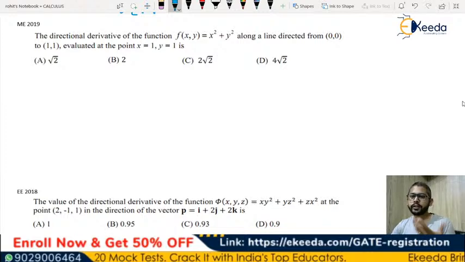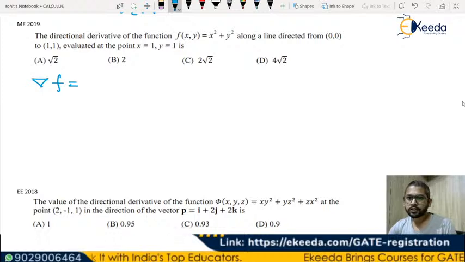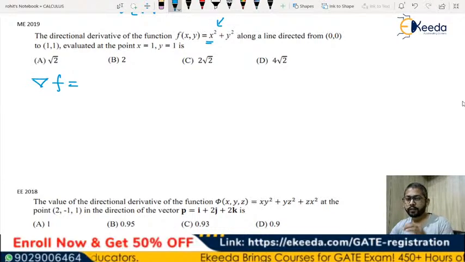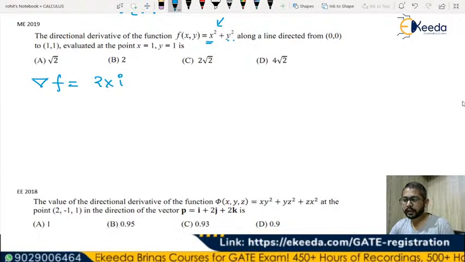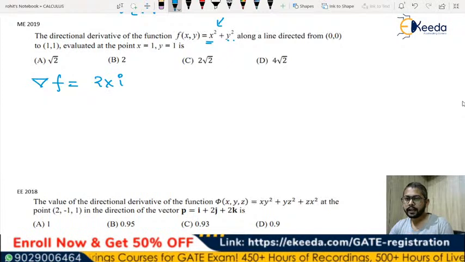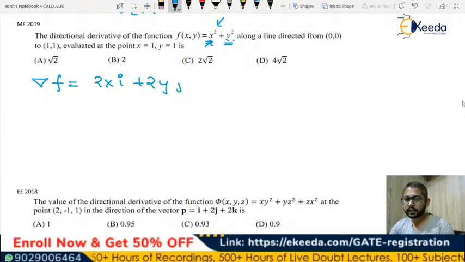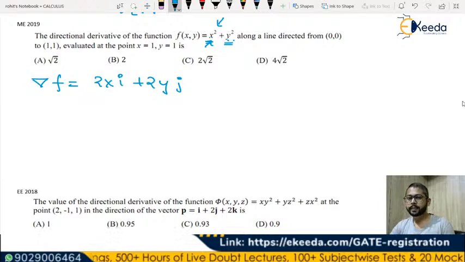So first of all, you need a gradient. So let's say you have this gradient grad f, so this is f, right? So this f has one term of x, so we will differentiate, the other term will give you 0. So this is 2xi, and when you differentiate in terms of y, x square will be treated as a constant, and you can differentiate y, and you can write 2yj, right? This is the gradient in the first place.